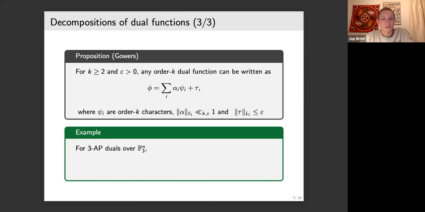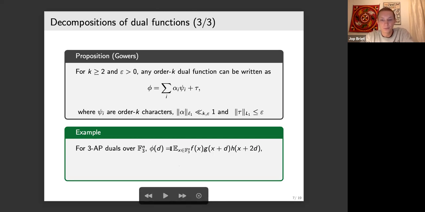For 3-AP dual functions, which gave a counterexample on the previous slide, you have a triplet of functions f, g, h taking values in the complex unit disk. You can always decompose them as a sum of polynomial phase functions of degree at most 2, where the coefficients have bounded L1 norm, and where the error function is bounded on average.